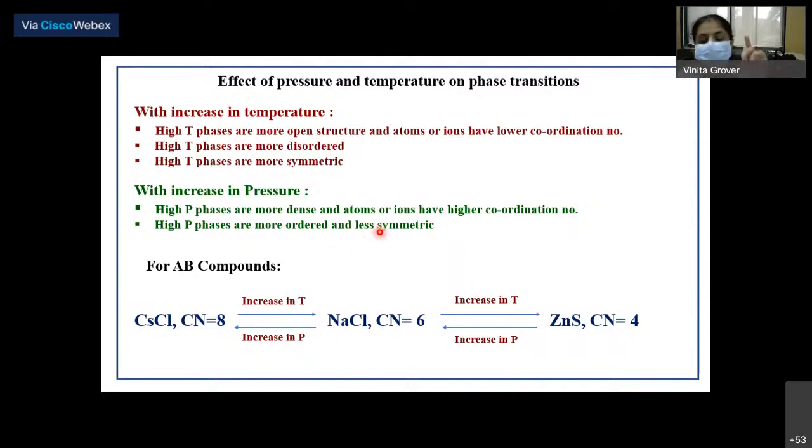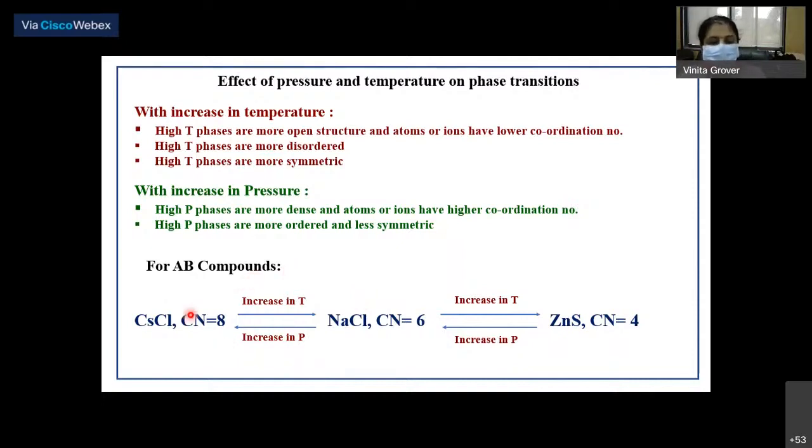So in general, the high pressure phases as compared to their low pressure counterparts are less symmetric. Okay. High temperature phases: more open, lower coordination, more disordered, more symmetric. High pressure phases: more dense, higher coordination number, more ordered, less symmetric.